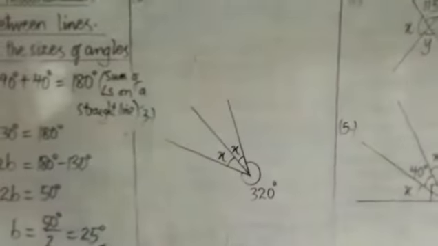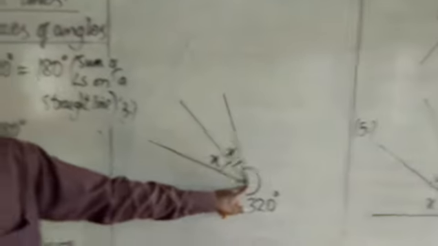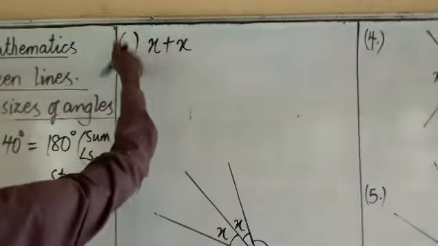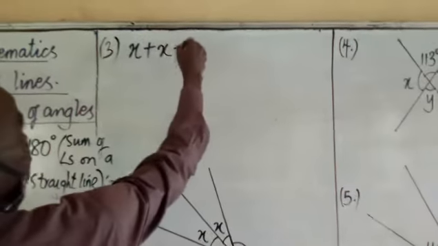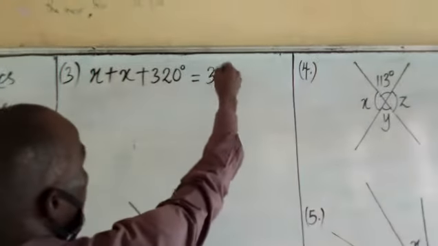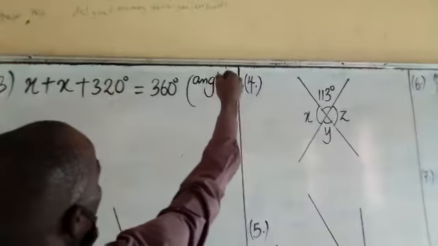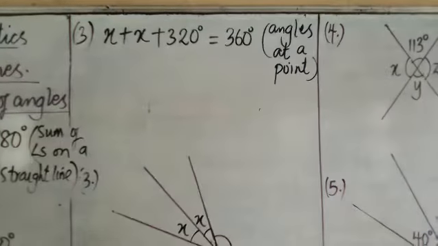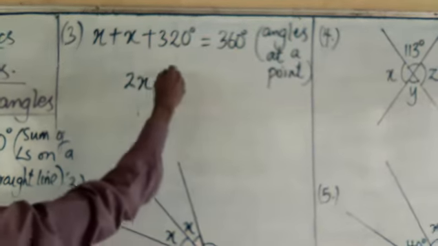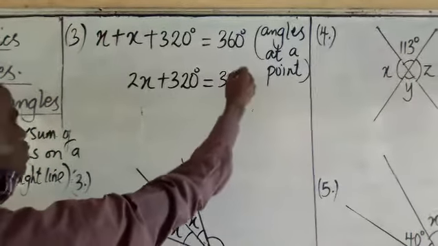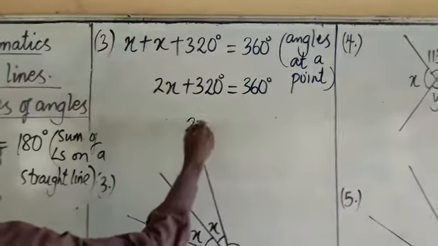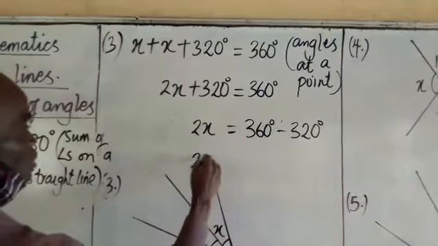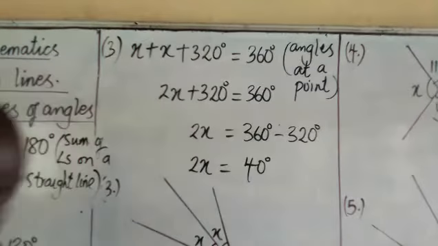Example 3, we apply the sum of angles at a point: x plus x. 2x will be 360 degrees minus 220 degrees. 2x will be 140 degrees.